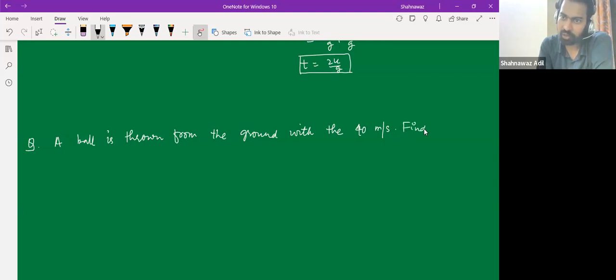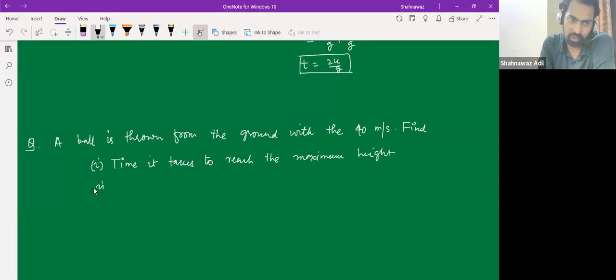Find the time it takes to reach maximum height.